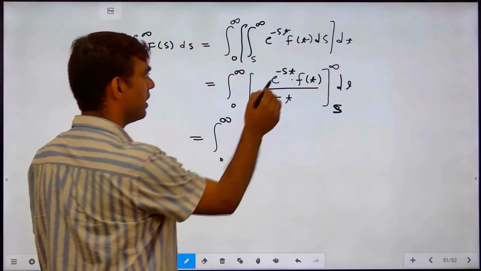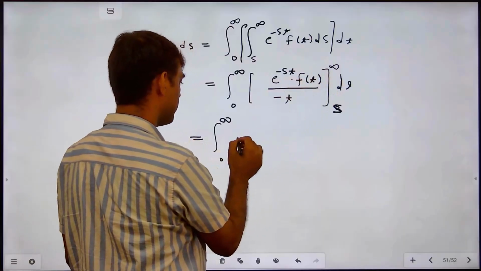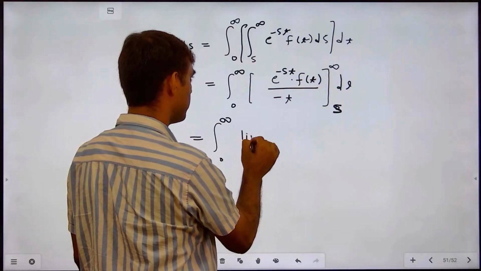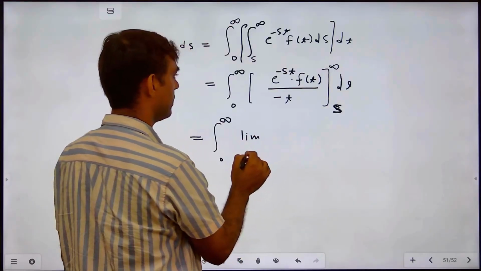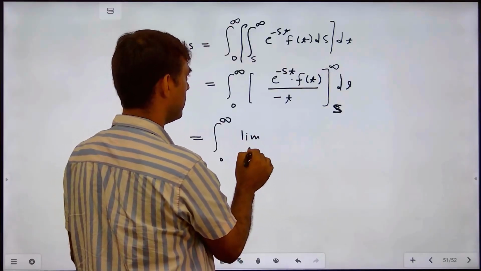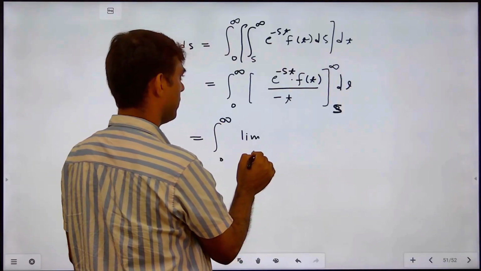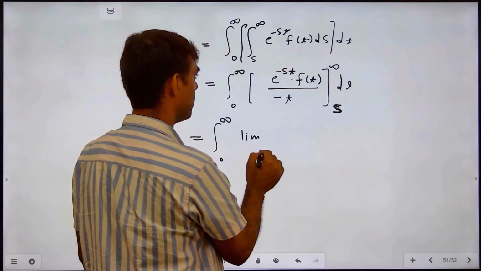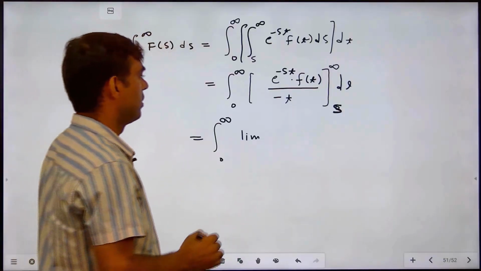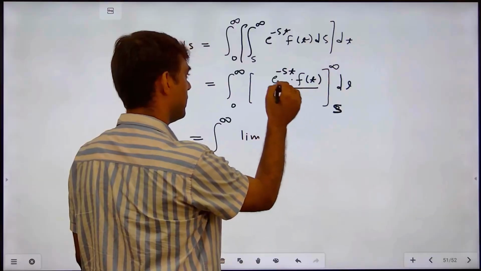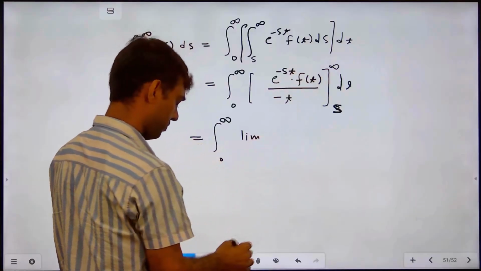Here, in place of the upper limit, if we write infinity, limit s tends to infinity, then this becomes e to the power minus infinity.